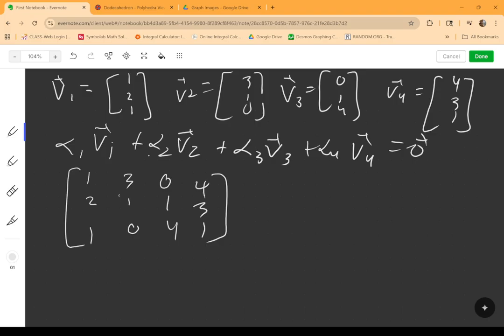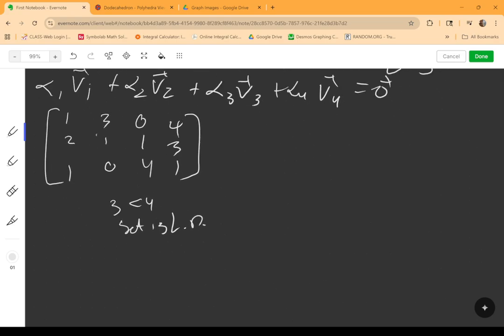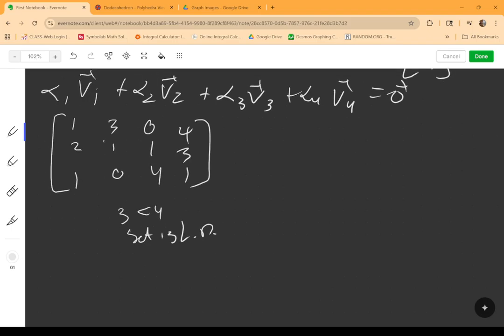But since I have 4 vectors, I'm guaranteed that this set is linearly dependent, since 3 is less than 4. Not much work is done here. But what I do want to do is find which vectors I can write as a linear combination of the other vectors in the set.